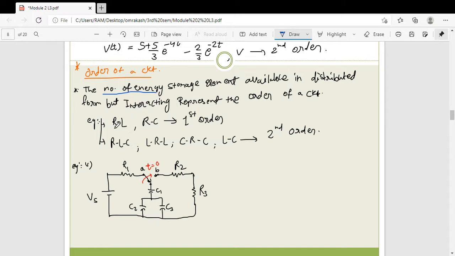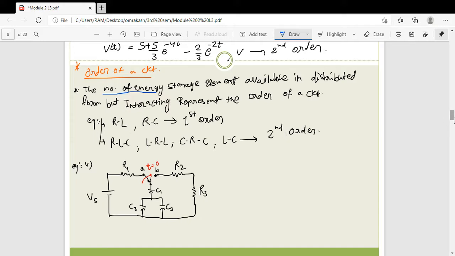If the circuit contains only RL or only RC components, then you can say this is your first order circuit. And if the circuit contains all three elements, RLC, this is the non-canonical form circuit, then only you can say that this circuit is your second order circuit.